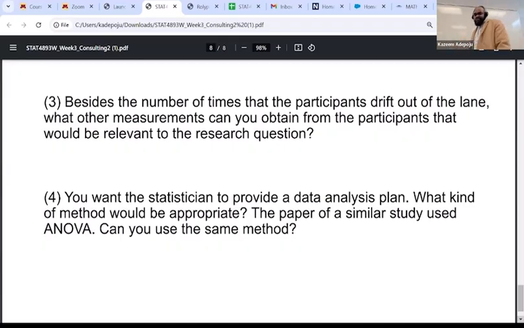You want a statistician to provide a data analysis plan. What kind of method would be appropriate? And so on like that. I will advise that you, as an expert or as a consultant, really understand.